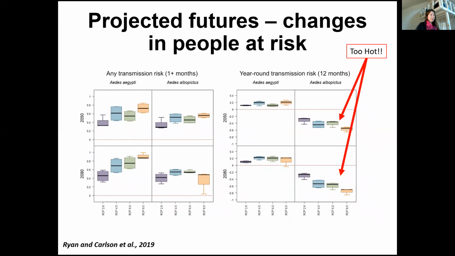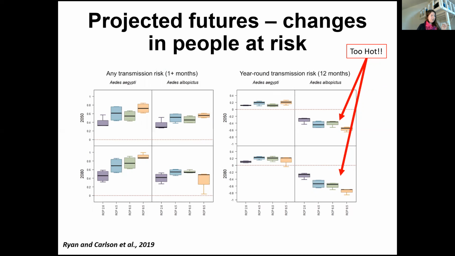When we put this onto thinking about people at risk, this is kind of a busy set of charts, but on the left, what we have is any transmission risk, so 1 or more months of the year. Aedes aegypti on the leftmost side, and Aedes albopictus on the slightly right side. And we're looking at 2050 and 2080 in the top and bottom panels of these.